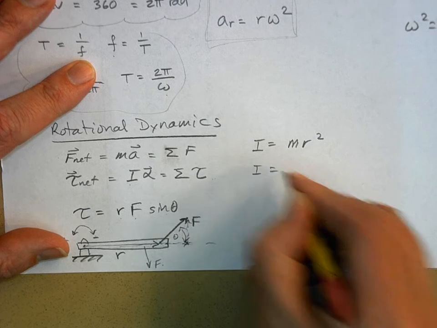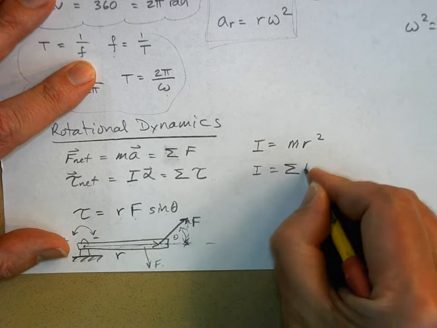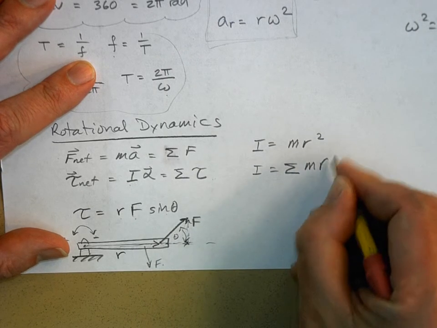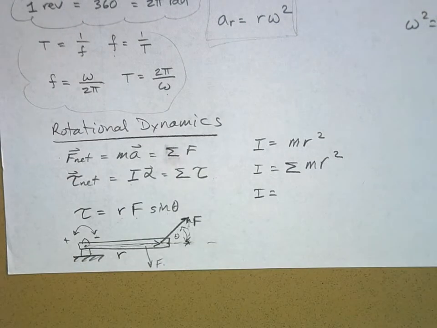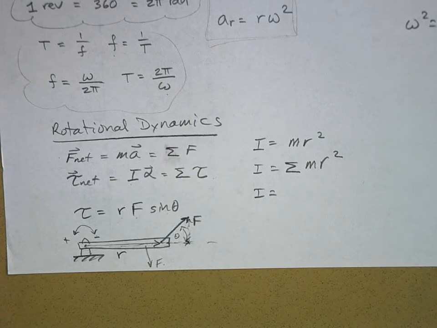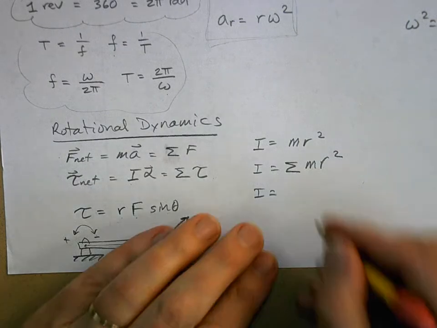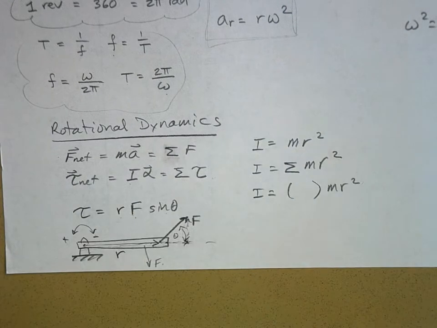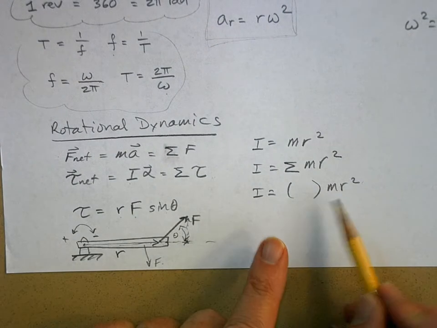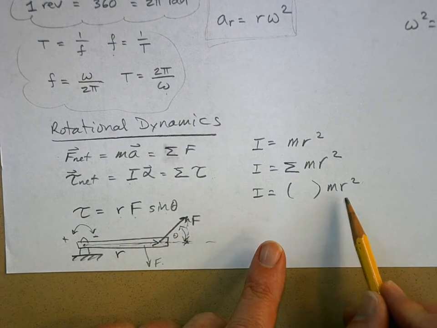If you have multiple particles, it's the sum of each particle's m r squared. And if you have an extended object, let's say a disc or a bowling ball or a hoop or something like that, it's going to be some fraction of m r squared. Or if you have a stick, it's going to be some fraction of the object's mass times its length squared.